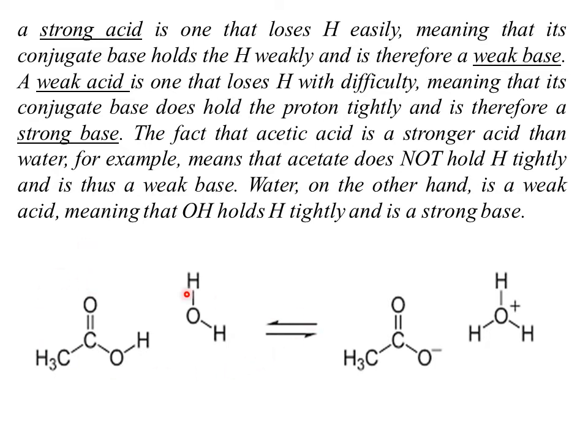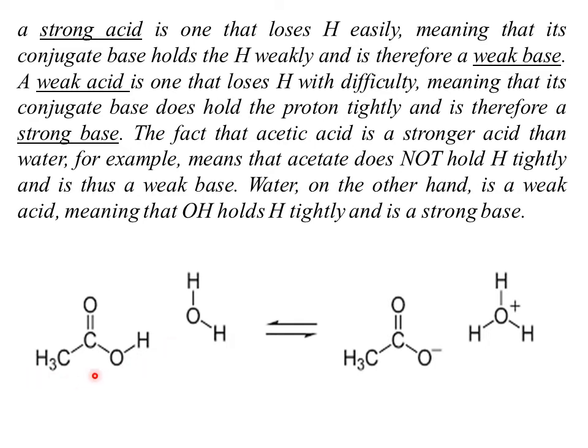In the given reaction below, what we have here is acetic acid and water. Okay, which one accepts the proton? Water accepts a proton from acetic acid to form the hydronium ion. And what is left behind of the acetic acid is the acetate ion. The fact that acetic acid is a stronger acid than water means that the acetate does not hold the hydrogen tightly and is thus a weak base.